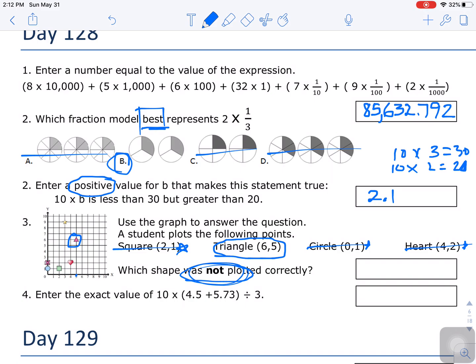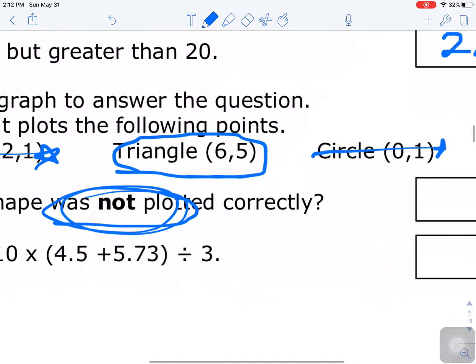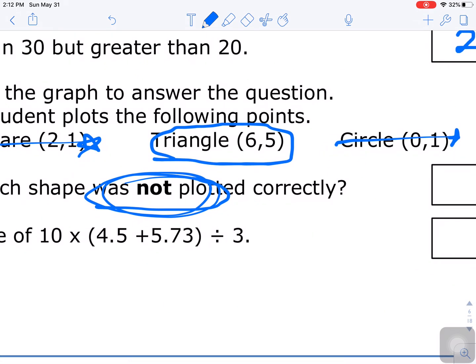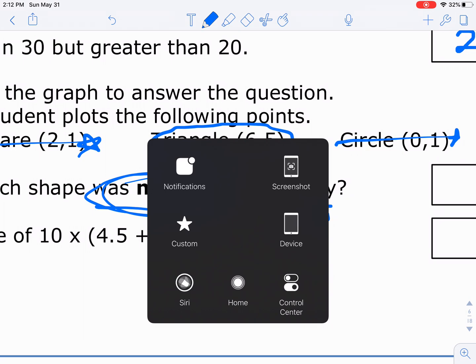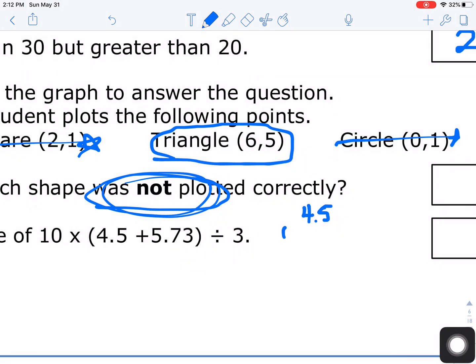So what is 4 and 5/10 plus 5 and 73/100? Remember, we have to line up our place values when we add and subtract.